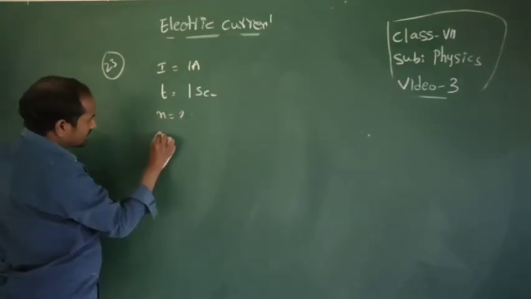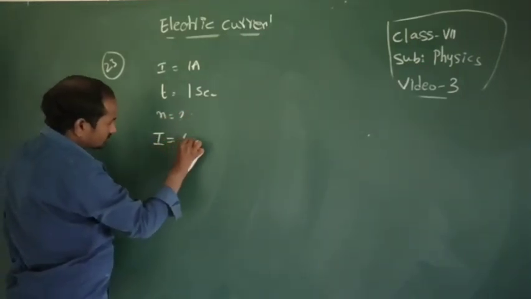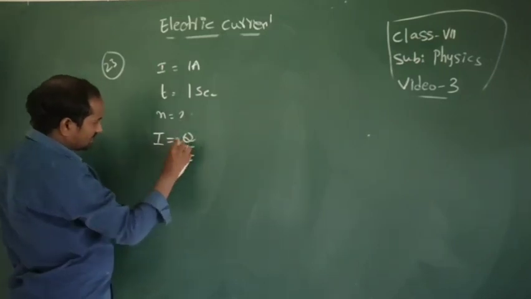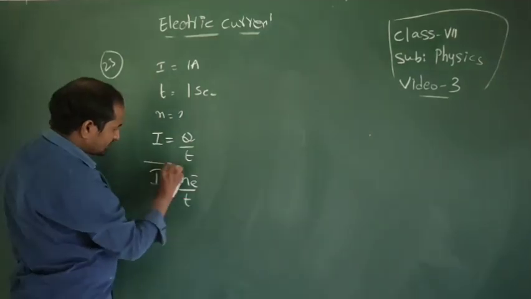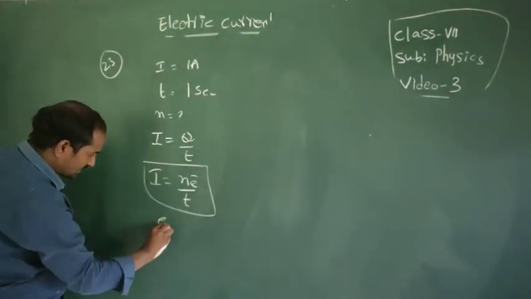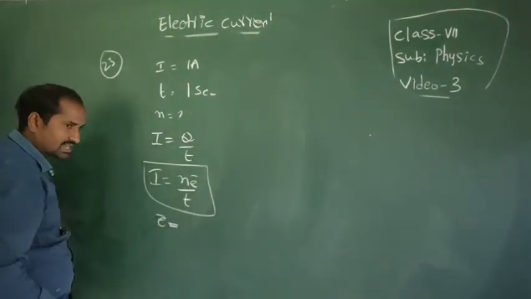So here I equal to Q by T, but Q equal to N e, where N means number of electrons and e is the charge on electron.